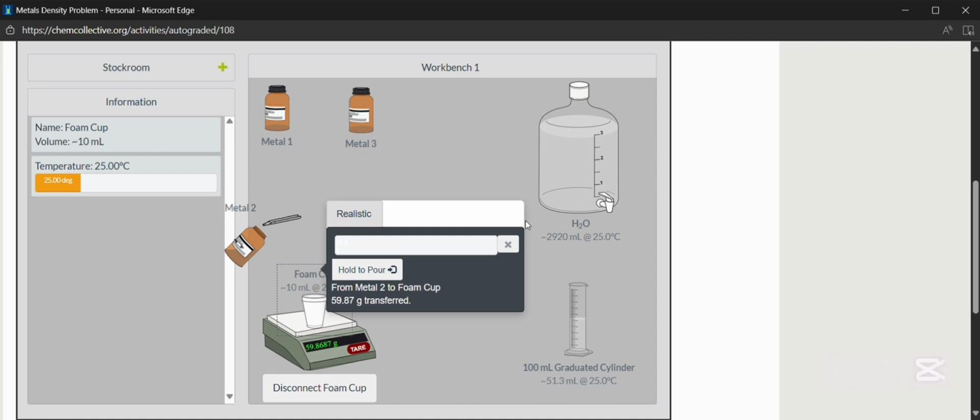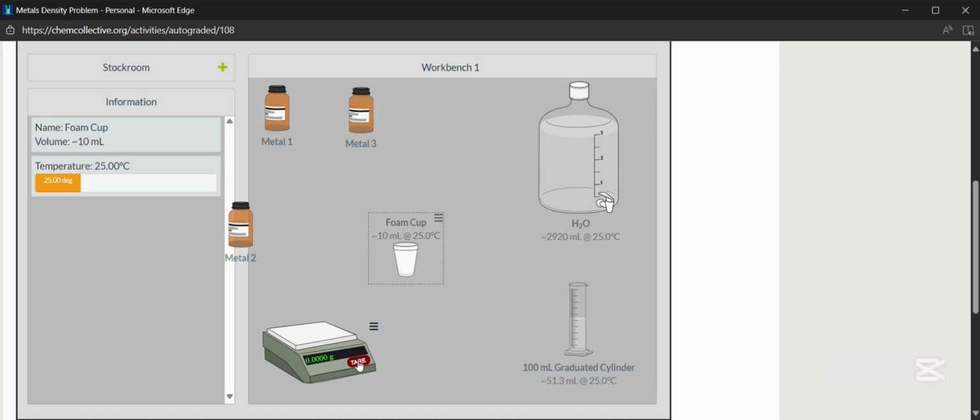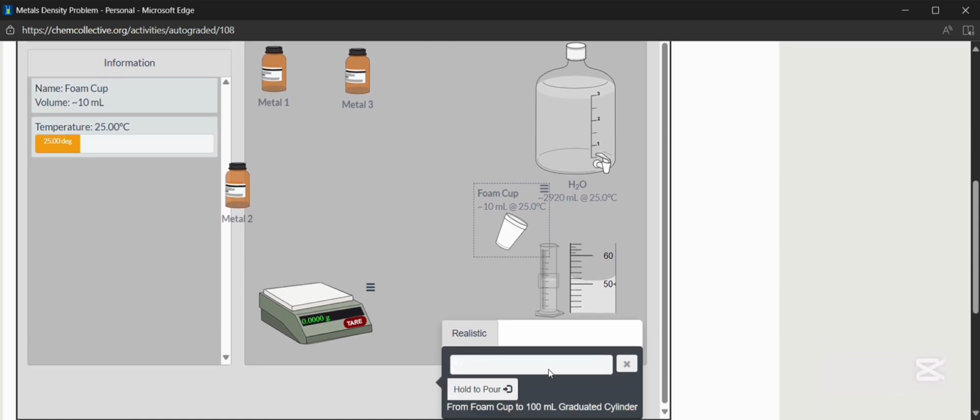Now we're going to remove that. So now we have our graduated cylinder that has 51.3 milliliters for our initial volume. And we're going to now pour our metal mixture into the cylinder.